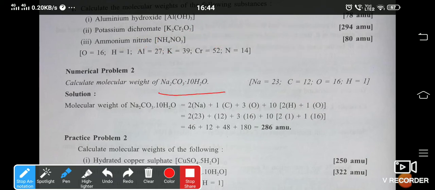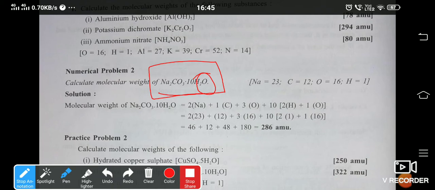Now when you are calculating the molecular weight of this compound, please remember you can directly take 18 for water, because 16 is for 1 atom of oxygen and 2 is for 2 atoms of hydrogen. 16 plus 2 is 18. Either you can solve it stepwise or you can directly apply some shortcuts while doing this question, because this question is basically asked for 2 marks. So there is no marks for each step.